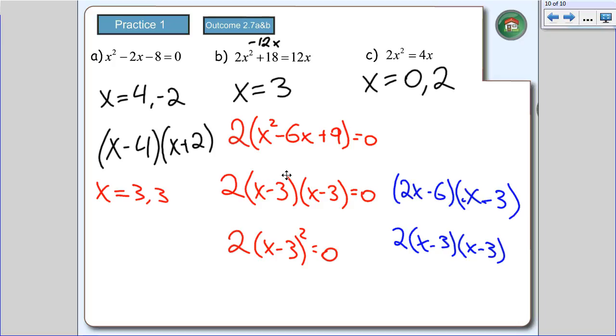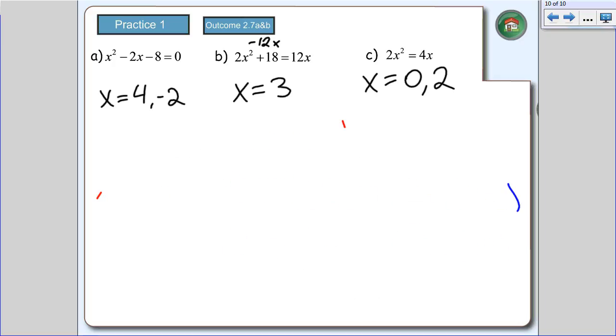The last one caused the most offense. Move the 4x over. You move the 4x over, so you should have had 2x squared minus 4x equals 0.